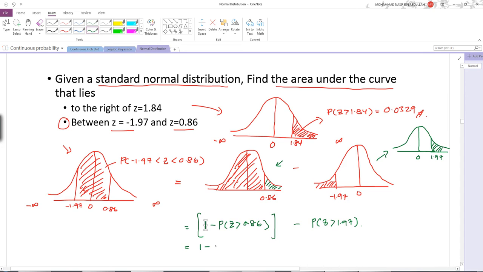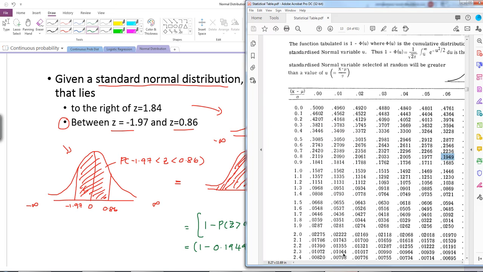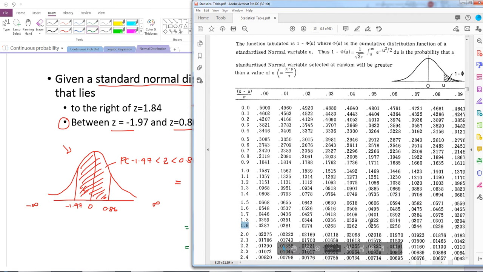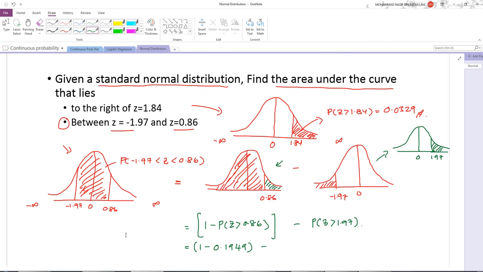We write 0.1949, minus the probability of z more than 1.97. 1.9 is here, and 7, here. 0.0244.